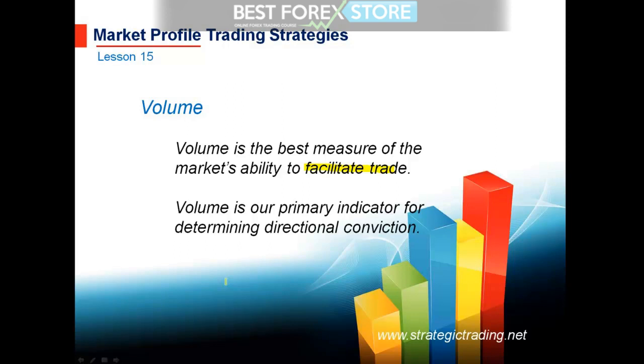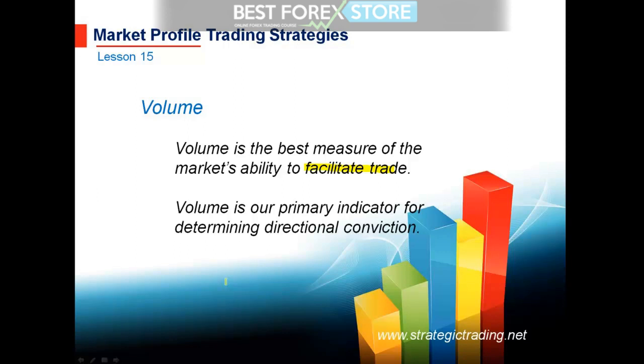So in order to facilitate the trade in an up direction, I have to have buyers. And similarly, the market will not continue to move lower unless there are sellers. So the presence of buyers or sellers, ergo volume, is what really facilitates trade in the market.